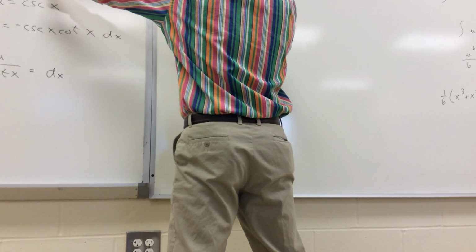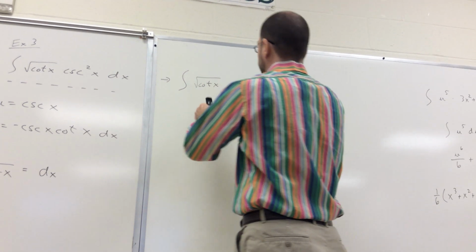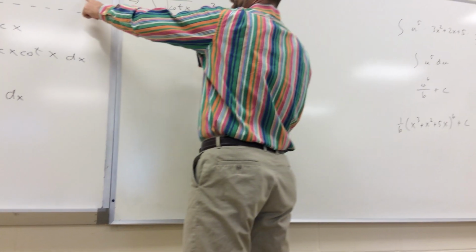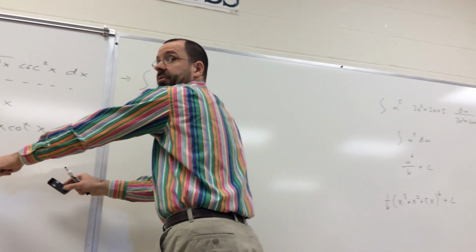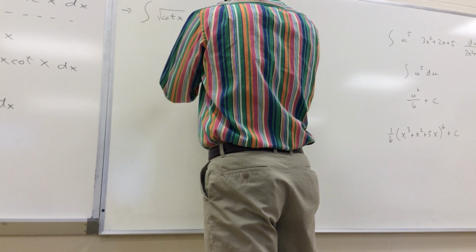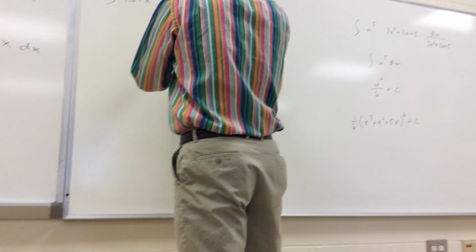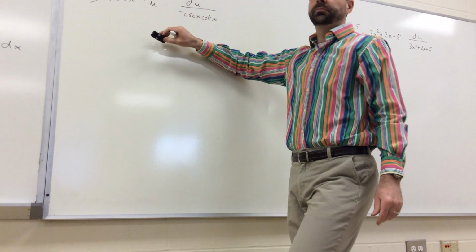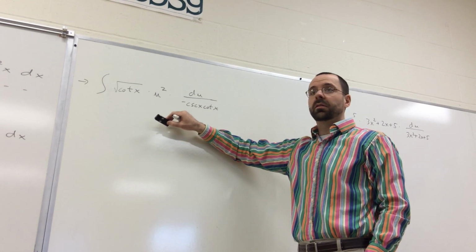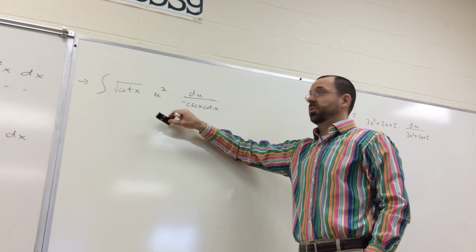I'm stuck with that. But then this is u squared, so that's nicer, less messy. And then dx is that whole mess, right? du over negative cosecant x times cotangent x. And then that's pretty much it, right?